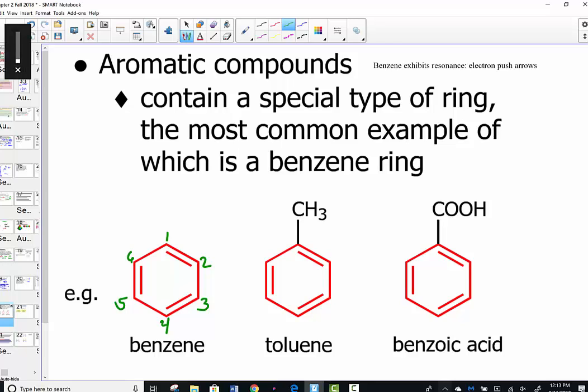And so I can practice those electron push arrows. I can move this bond here, this bond here, this bond here, because I know that they're delocalized pi bonds, and I can create another resonance structure where the double bonds are now between the other carbons. I can delocalize them.